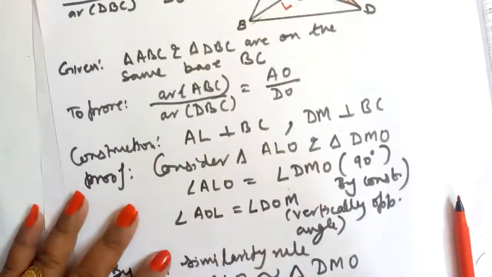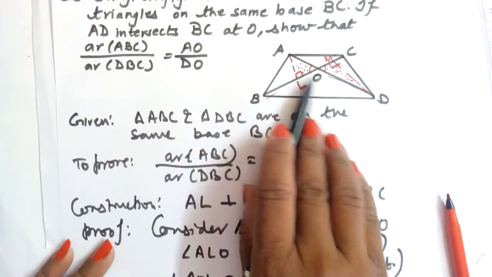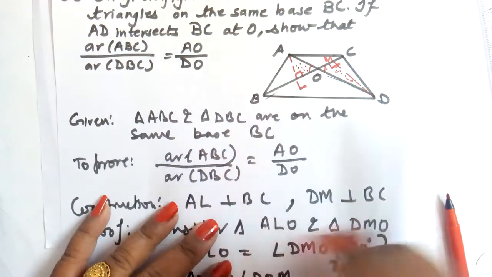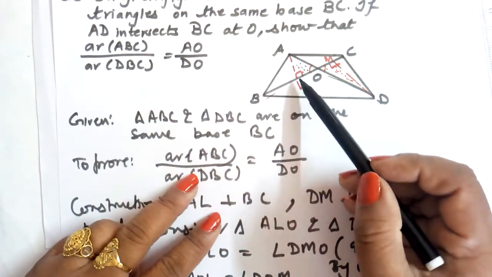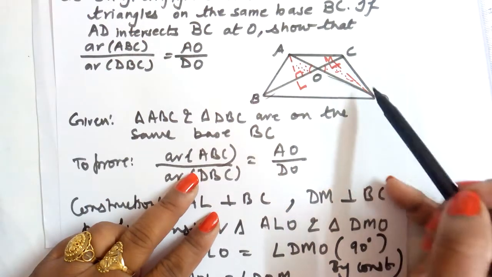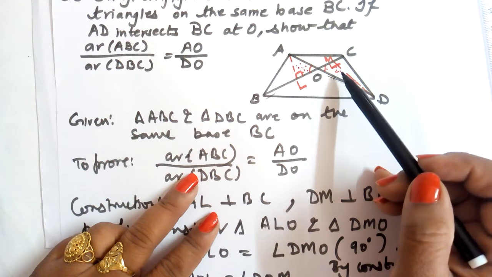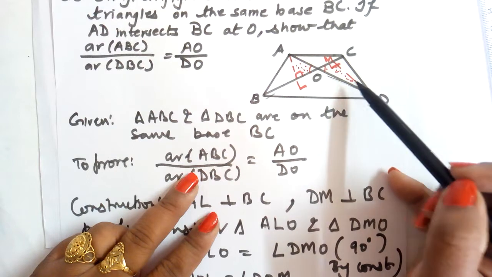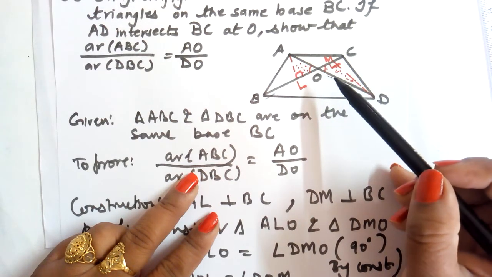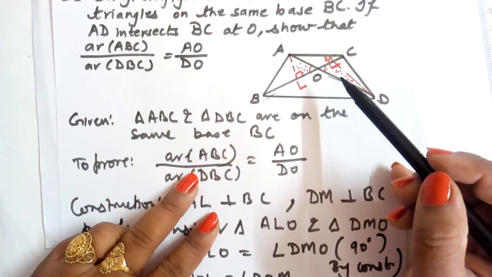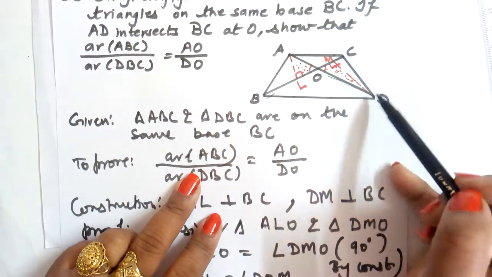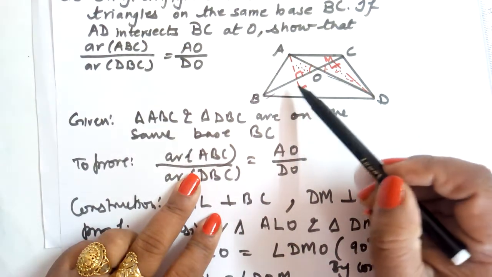When these two triangles are similar to each other, their corresponding sides will also be proportional to each other. So we can see here AL upon DM is equal to AO upon DO and LO upon OM. Because these two triangles ALO and DMO are similar, their corresponding sides are proportional.